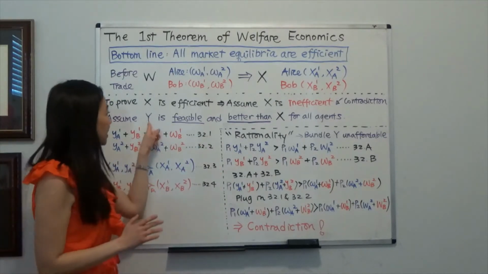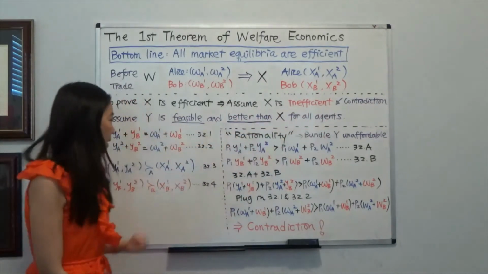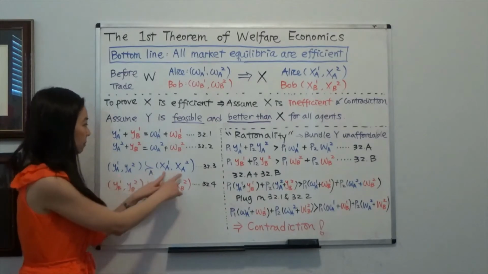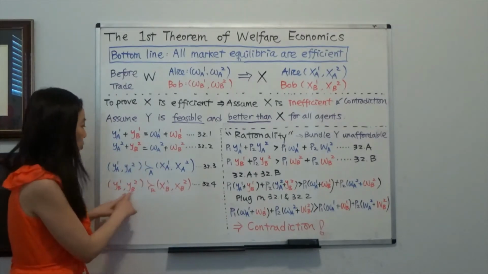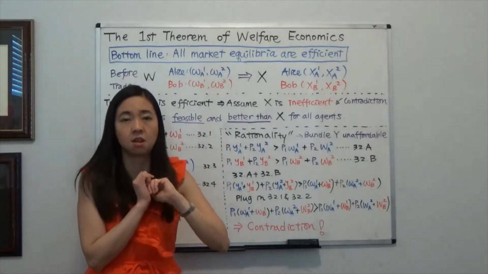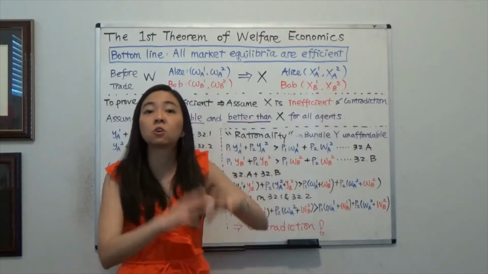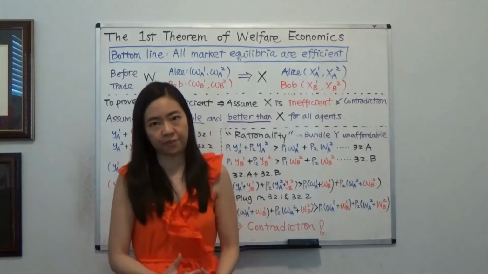And also, this allocation is better than X for all agents. That means Alice prefers this consumption bundle Y, and Bob also prefers his consumption bundle Y. But then we assume rationality. That means when agents trade, they are going to exhaust their entire budget to purchase the best bundle available.